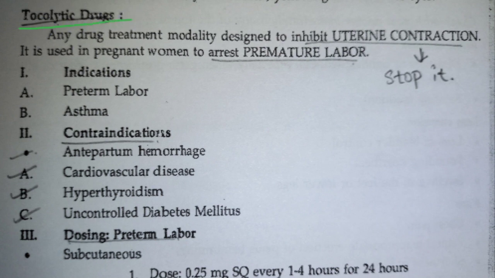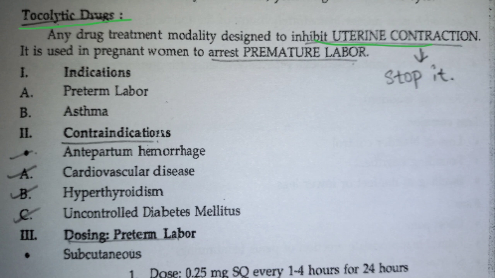Tocolytic drugs are the drugs which are used to stop the uterine contraction. It is done in many conditions, like in the premature labor, in the preterm labor, to stop those labors. When the mother gets pain, to stop those pains, we will administer tocolytic drugs.